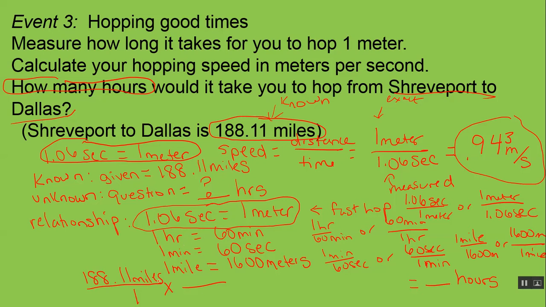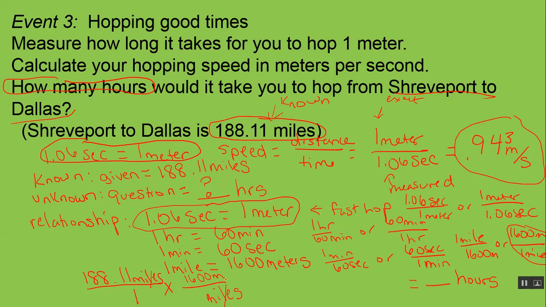So let's use our relationship between miles and meters to get rid of those unit miles and give ourselves meters. If miles is on top, miles is going to need to be on the bottom, which means we're going to use the relationship where meters is on top, so 1,600 meters. And that's going to allow us to convert from miles into meters.